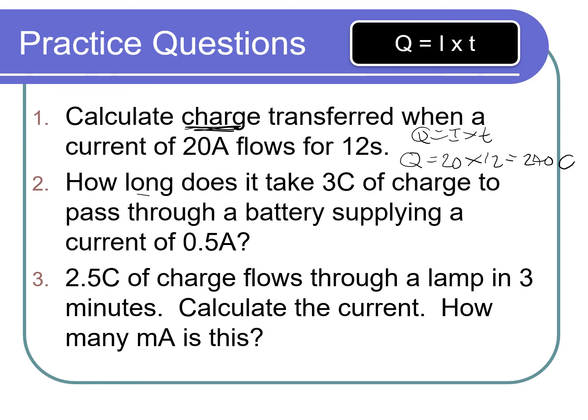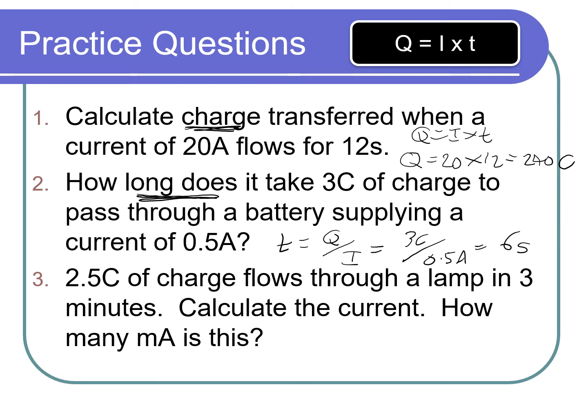How long does it take, I'm going to work out the time, for 3 coulombs of charge to pass through a battery supplying a current of 0.5 amps? T equals Q divided by I. The charge is 3 coulombs and the current is 0.5 amps, so the time is 6 seconds.